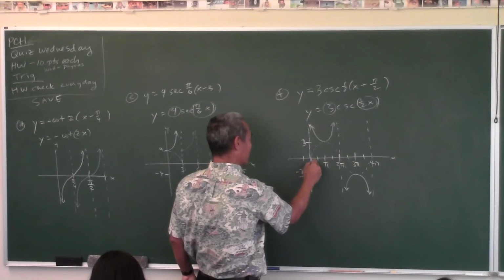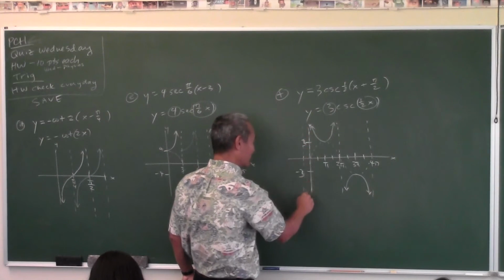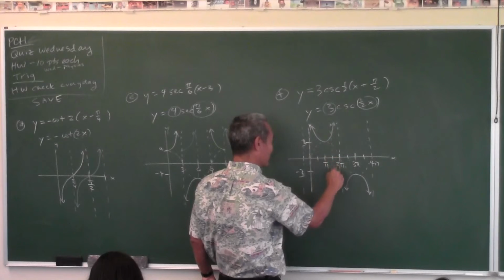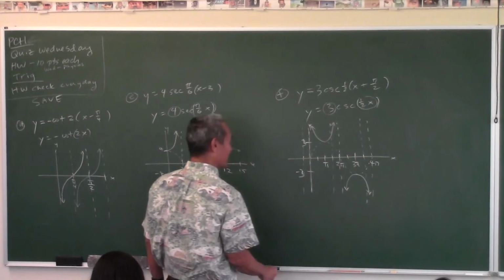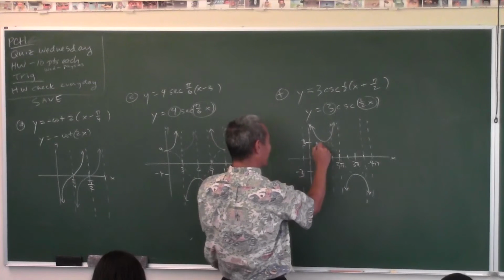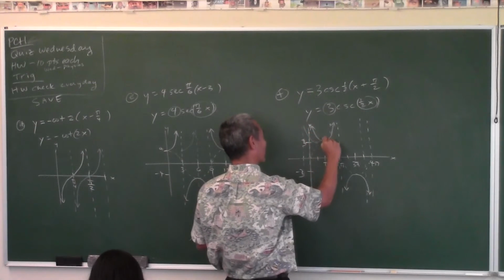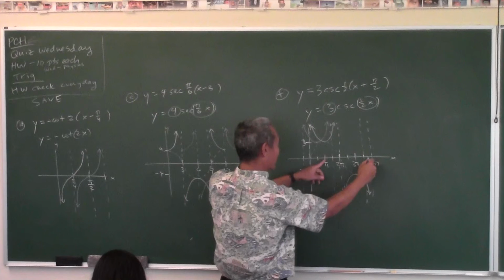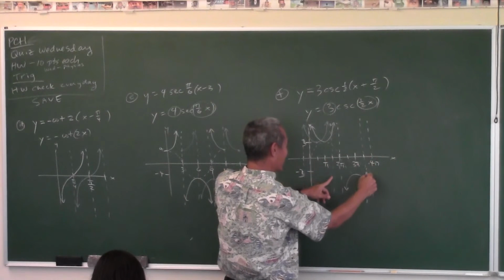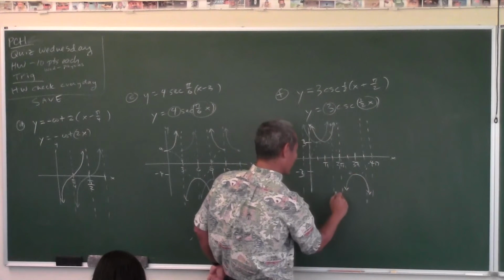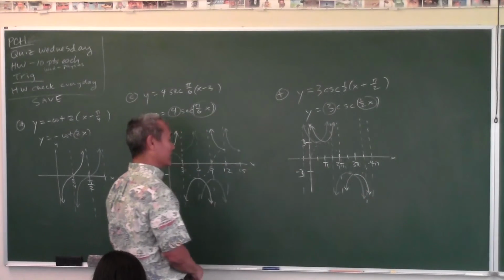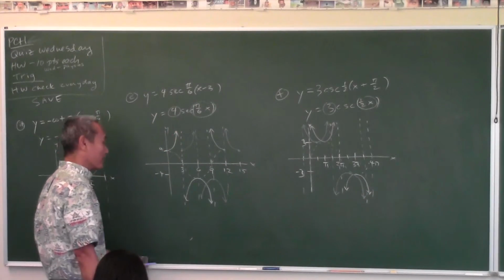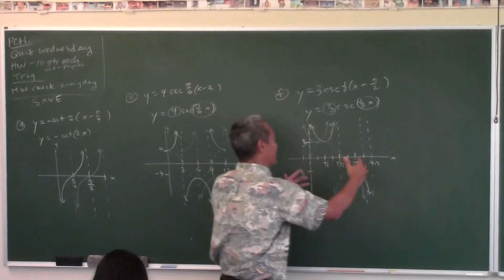So this asymptote is here now. This asymptote is there now. This asymptote goes there now. Okay? And then halfway in between, that's when you're gonna have the turning point. And then same thing here. Halfway in between here, you're gonna be over there. And there you go. That's one period, and then copy and paste.